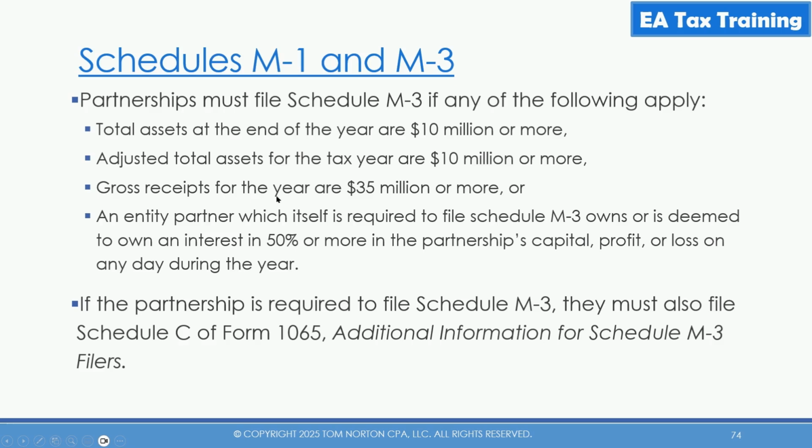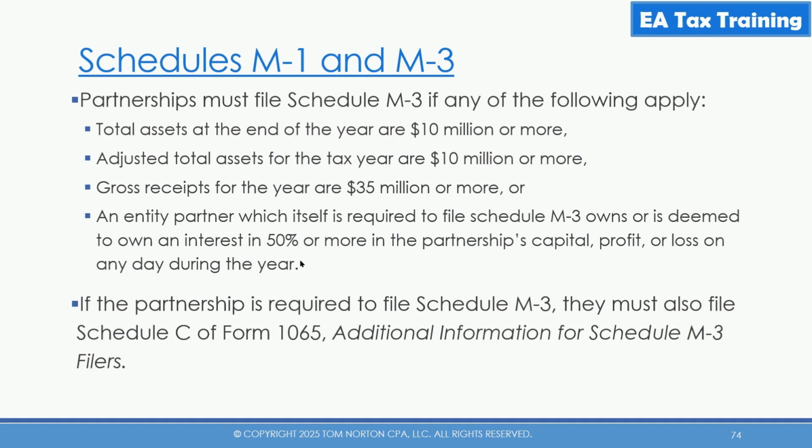Or if gross receipts for the year are $35 million or more, or if an entity partner, which itself is required to file Schedule M3, owns or is deemed to own an interest in 50% or more in the partnership's capital, profit, or loss on any day during the year. So if the partnership has a partner with a 50% or greater interest, and that partner is required to file a Schedule M3, then this partnership also has to file a Schedule M3, even if they don't meet any of the other criteria on their own.